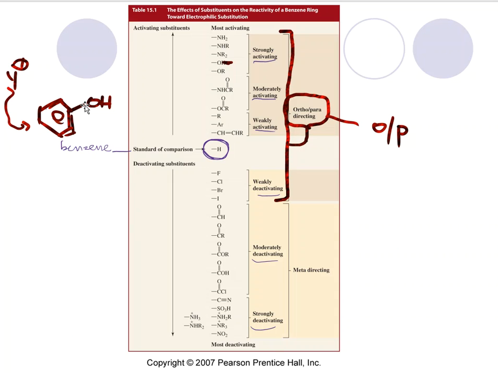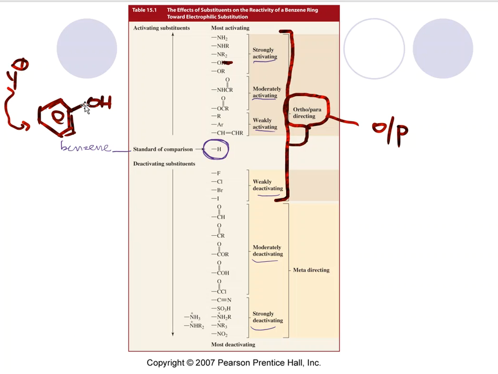OH does it, NH2 does it, NHC double bond OR does it, the R group, which is a normal carbon chain, does it, the Ar group, aryl, that means another benzene ring, will do it, a CH double bond CH, an alkene part will do it, your fluoros, your chloros, your bromos, your iodos will do it.